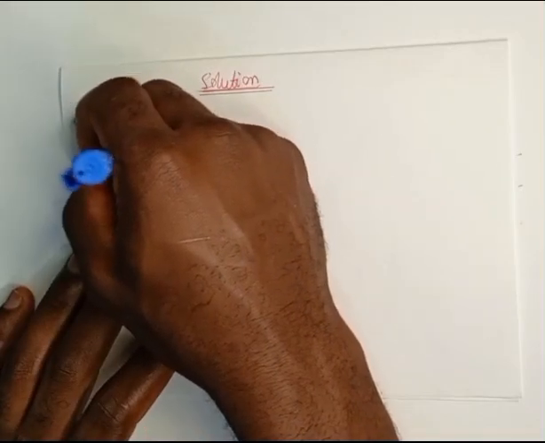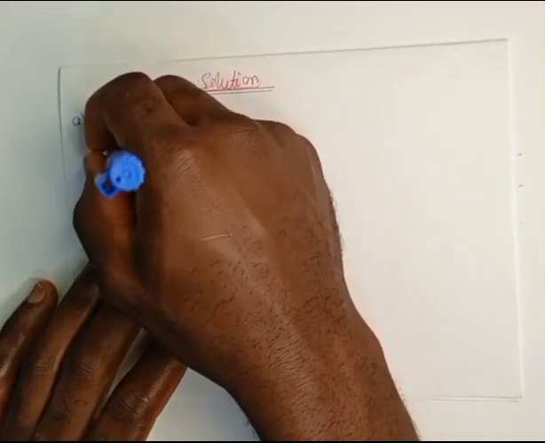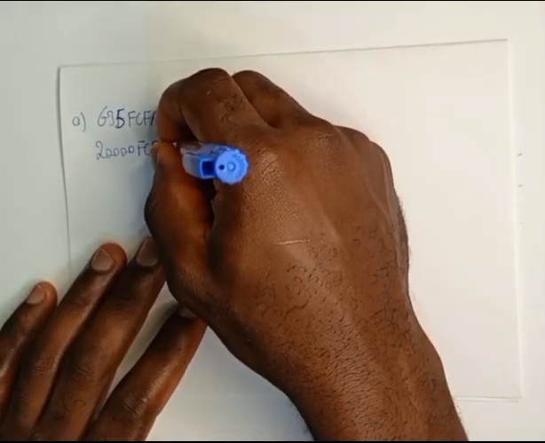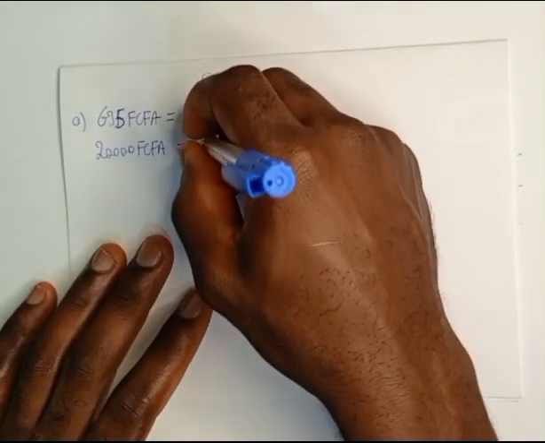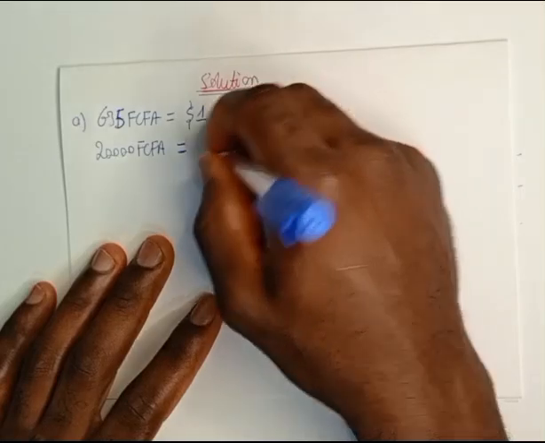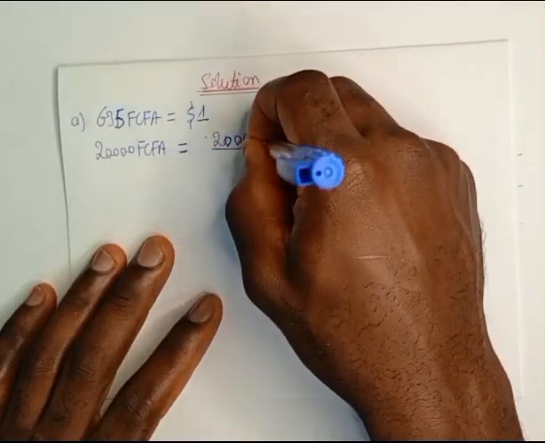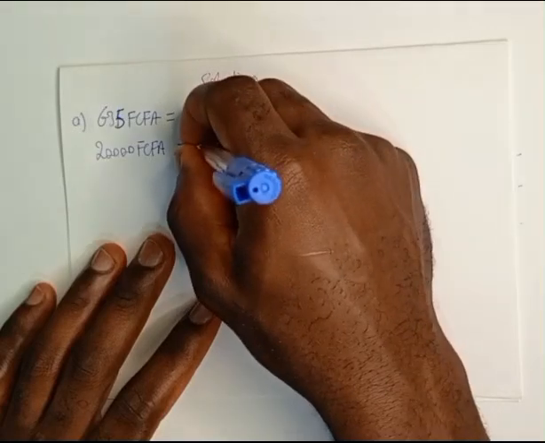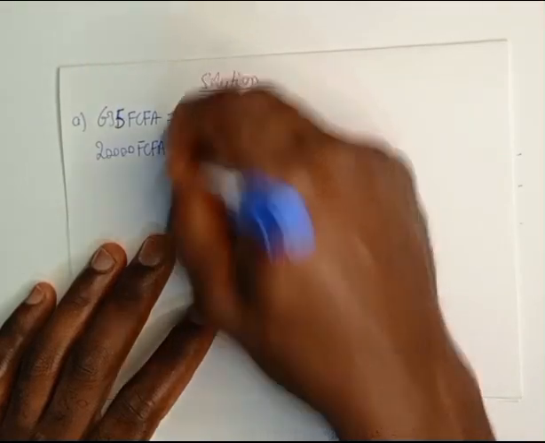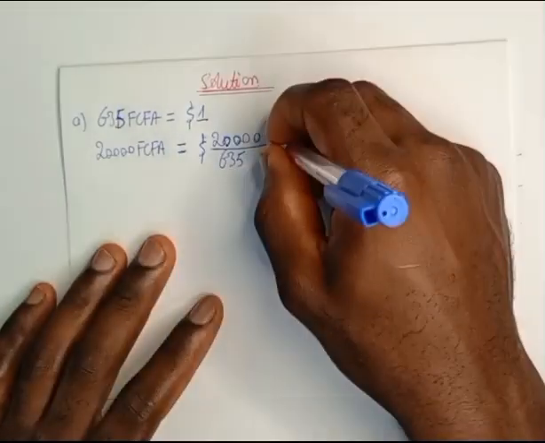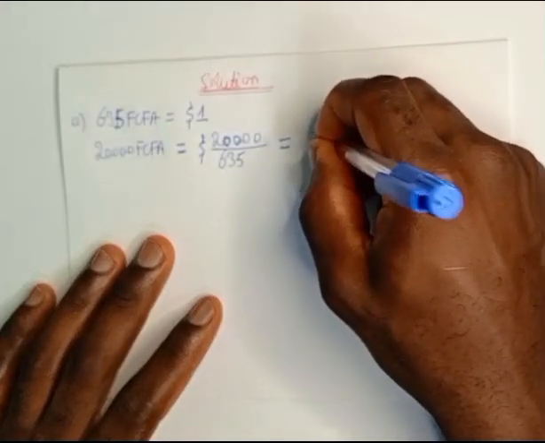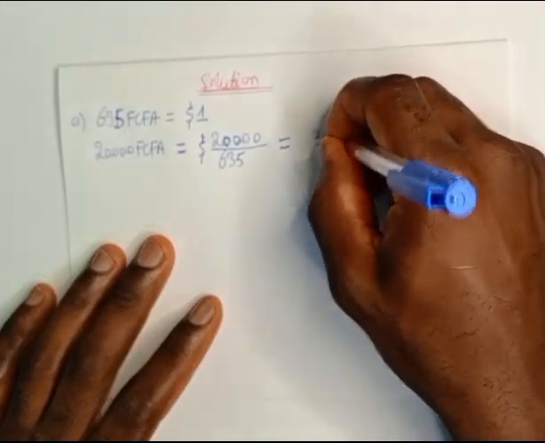Then if we take 20,000 francs CFA, we are going to divide 20,000 by the exchange rate, which is 635, and this will be in dollars. This will be approximately $31.5.